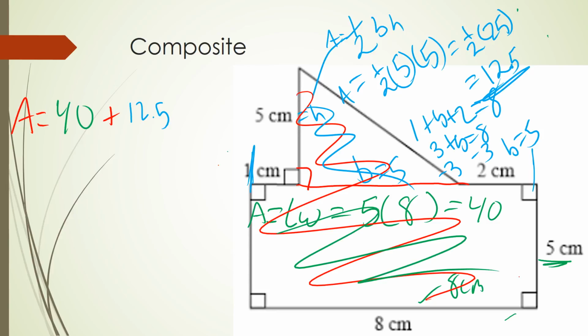So again, we're going from one to the next. So that means we have 40, which is the area of the rectangle, plus 12.5, which is the area of the triangle. So 40 plus 12.5, that is 52.5. So that means our total area would be 52.5 centimeters squared.